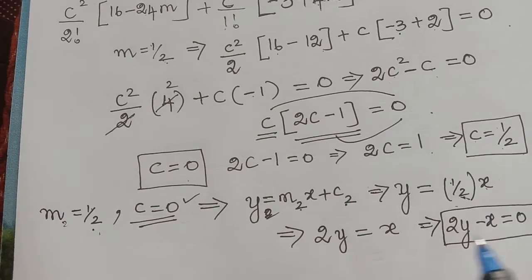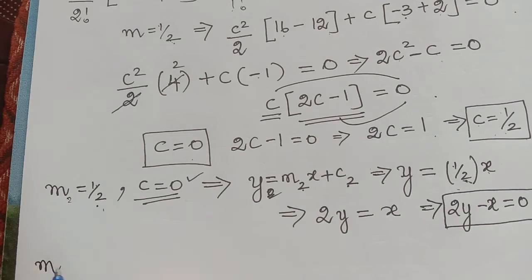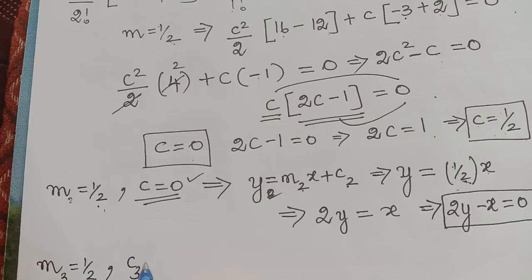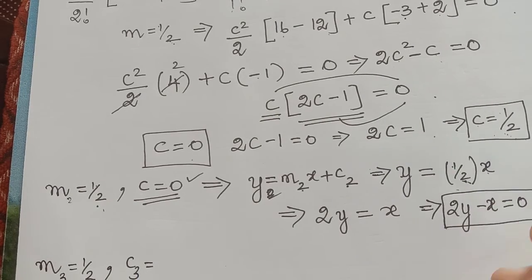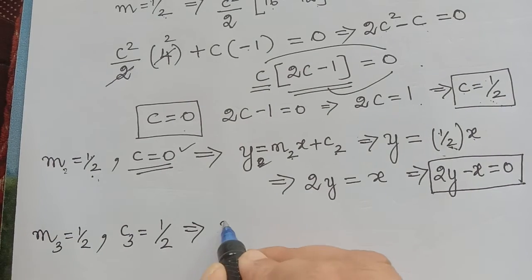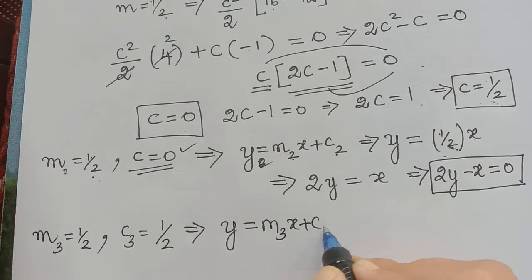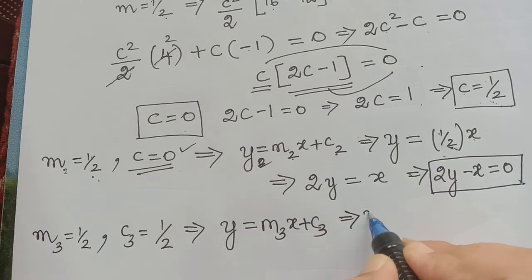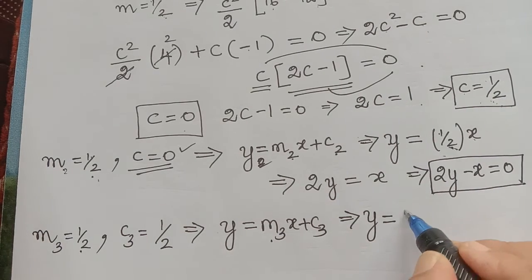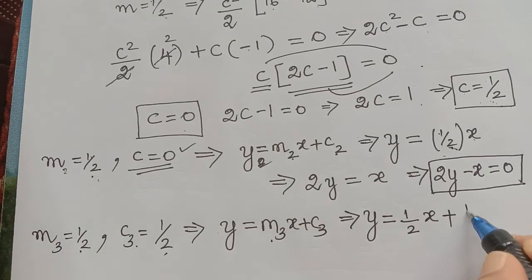To find the third asymptote, we have to take the other value of c, but the value of m is the same. So m3 is equal to 1 by 2 and c3 is the third value, which is 1 by 2. The equation y equals m3 x plus c3 gives y equal to 1 by 2 x plus 1 by 2.